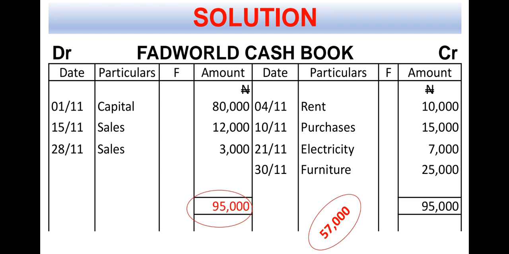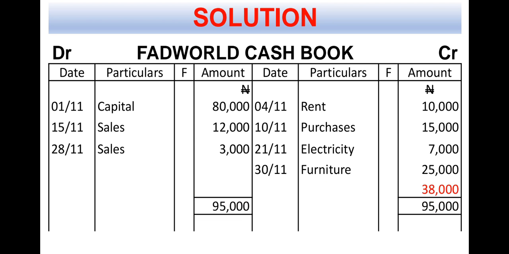Which means the value we are having at the credit side is not up to 95,000. So we will subtract 57,000 from 95,000. That will give us 38,000 naira. So that 38,000 naira will be written under the credit side. If we add everything together now, it will all come to 95,000 naira. So that 38,000 naira is what you call balance carried down.